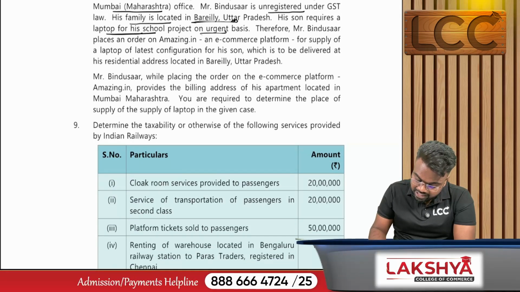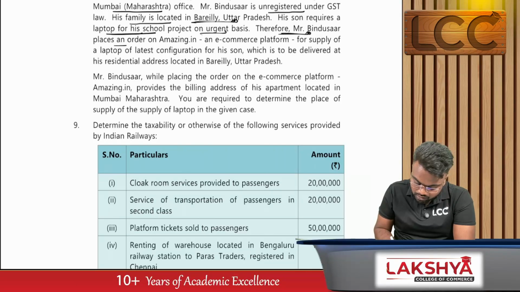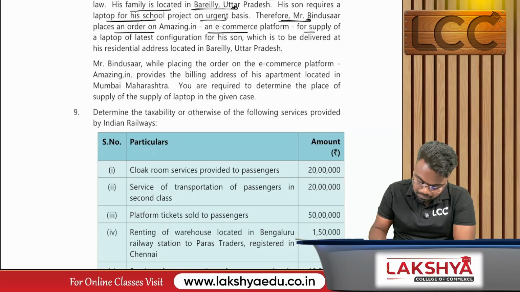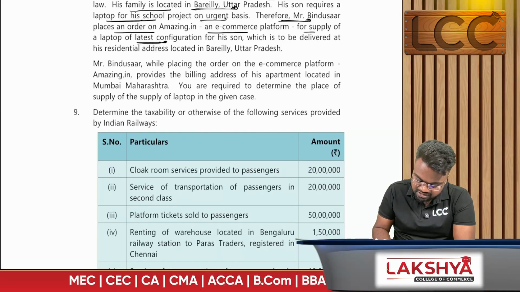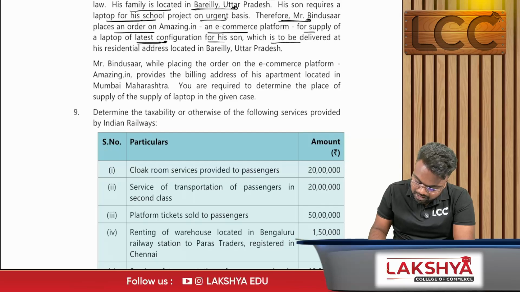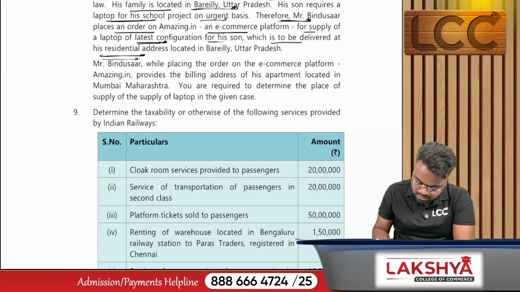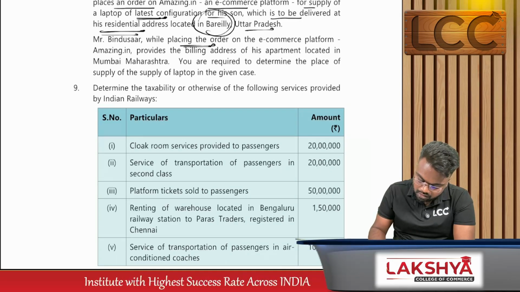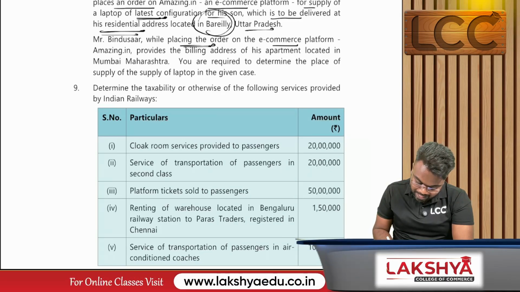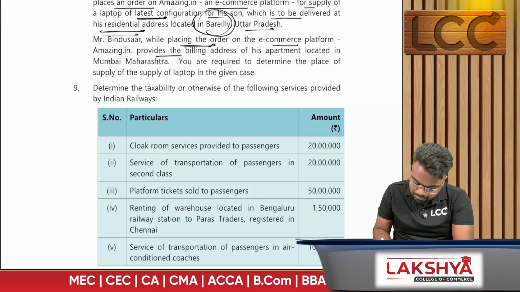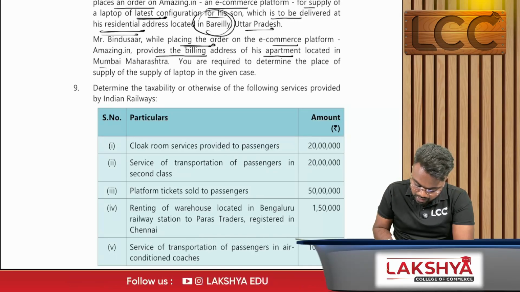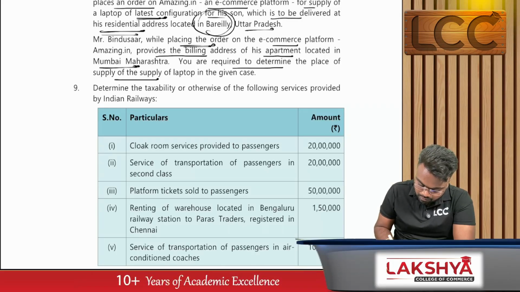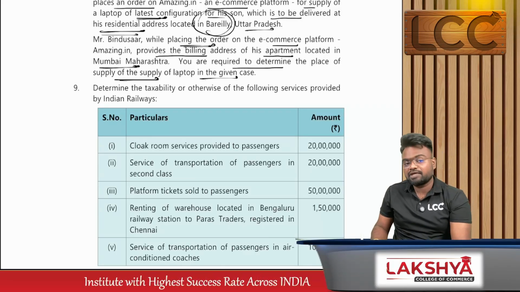Therefore, Mr. Bindusar placed an order on Amazing.in, an e-commerce platform, for supply of a laptop of the latest configuration for his son, which is to be delivered at his residential address located in Bareilly, Uttar Pradesh. While placing the order on Amazing.in, he provides the billing address of his apartment located in Mumbai, Maharashtra. You are required to determine the place of supply of the laptop in the given case.